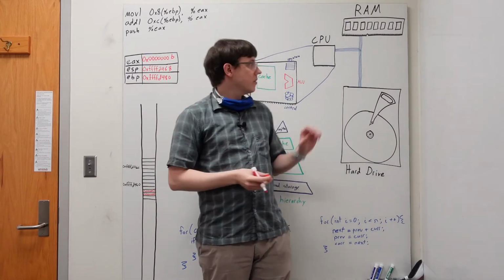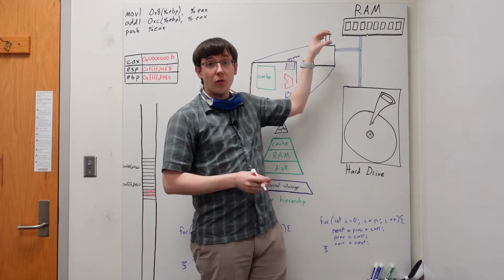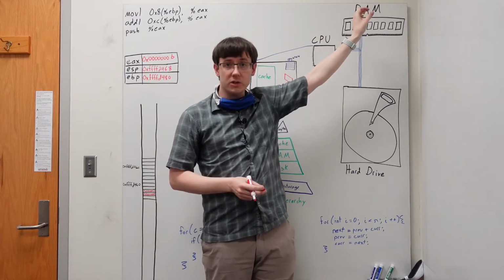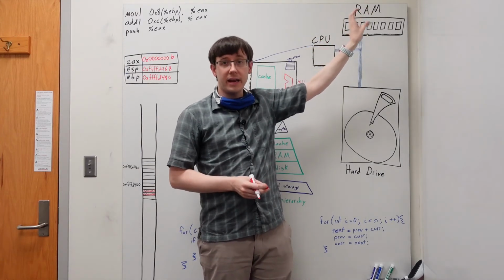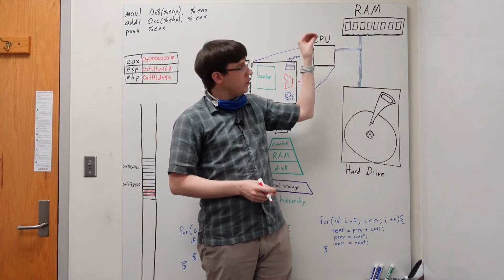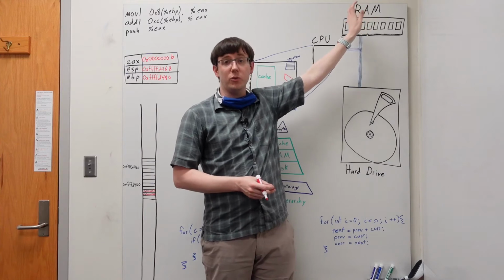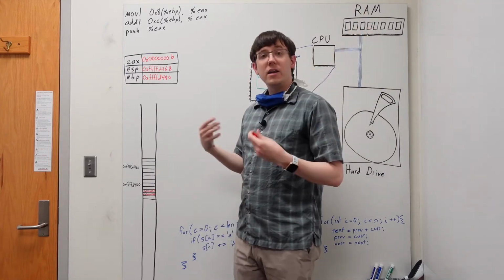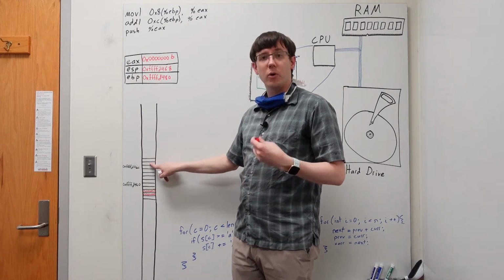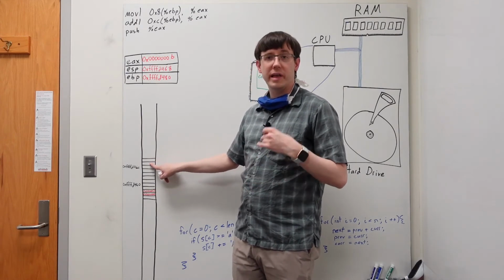To do this, the CPU will need to send over the bus first the address where it wants to put the data and an indication that it wants to write to that location, and then it will send over the bus the actual data being written. And the end result will be that at this location in our address space, we will store the value 11.